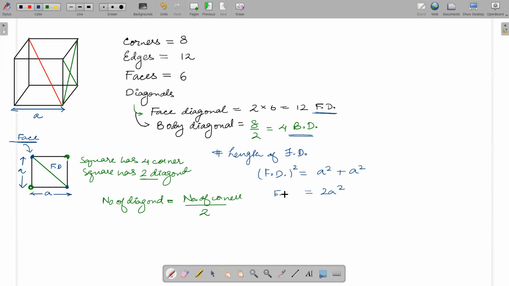This is FD square. So FD will be equal to A root 2.